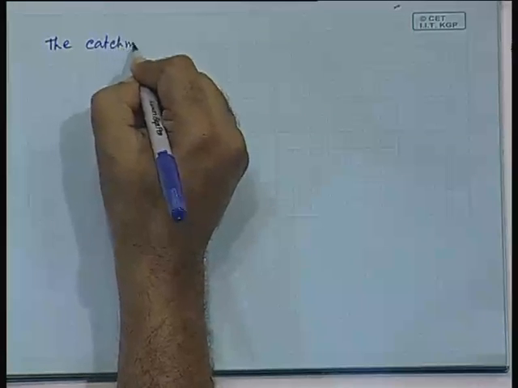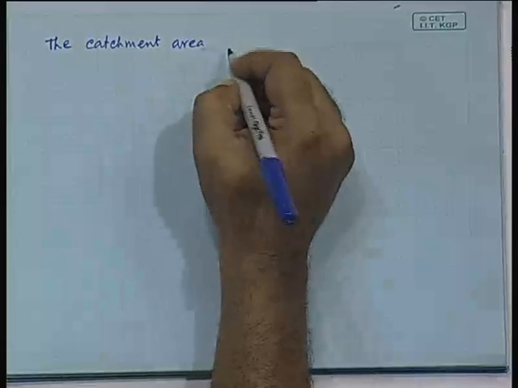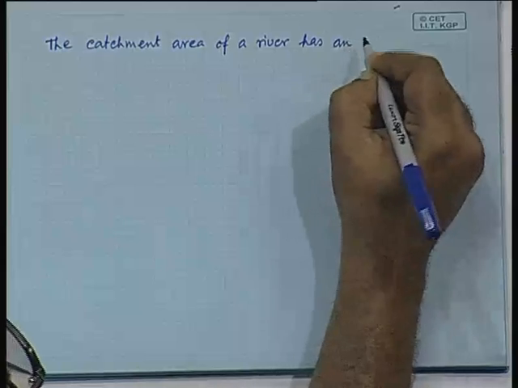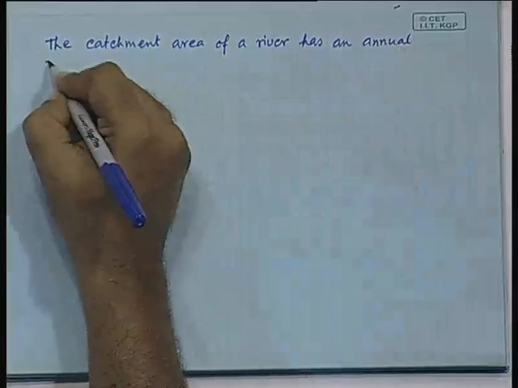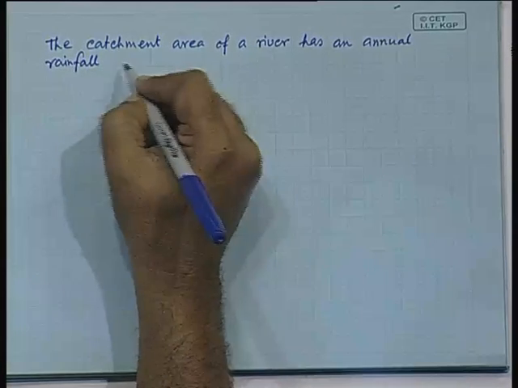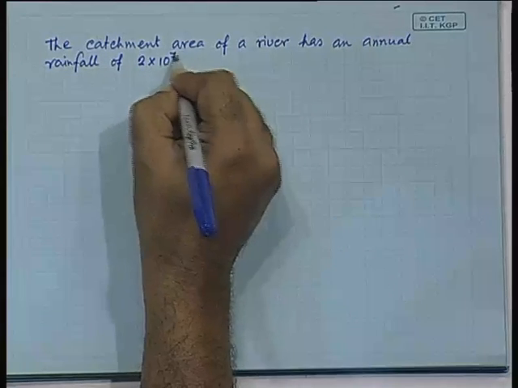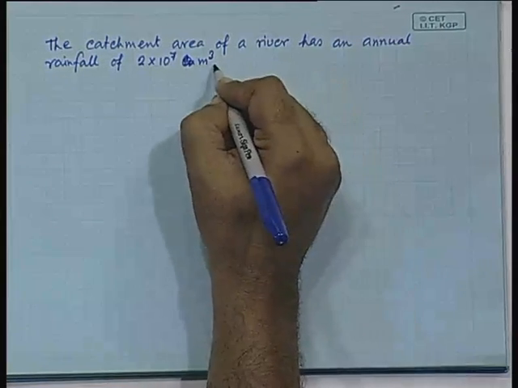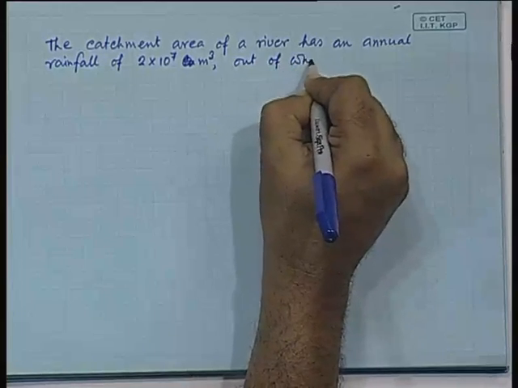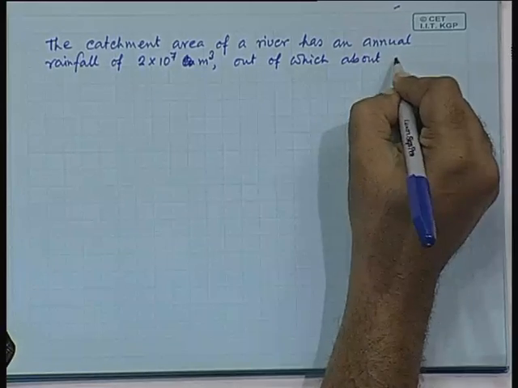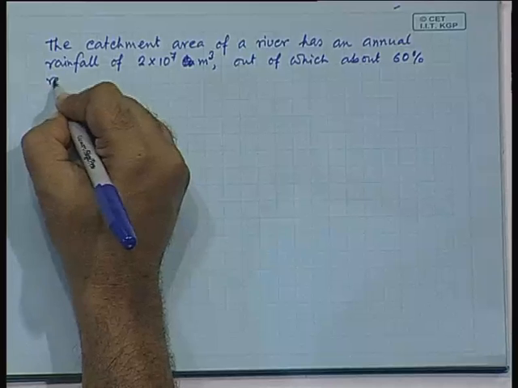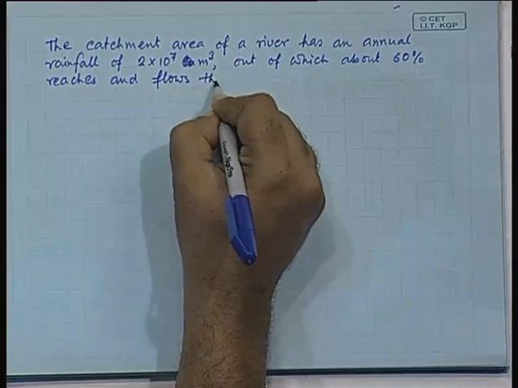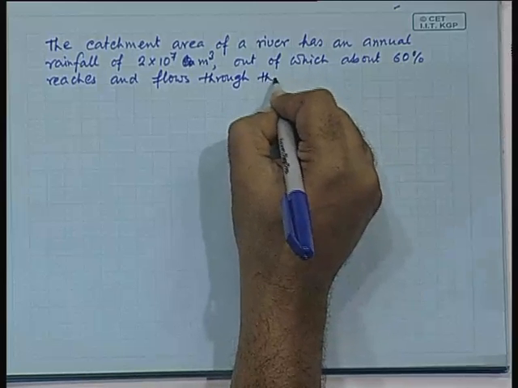The catchment area of a river has an annual rainfall of 2 into 10 to the power 7 meter cube, out of which about 60% reaches and flows through the river.